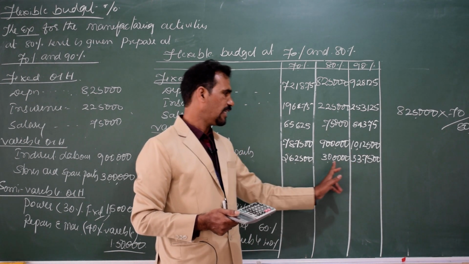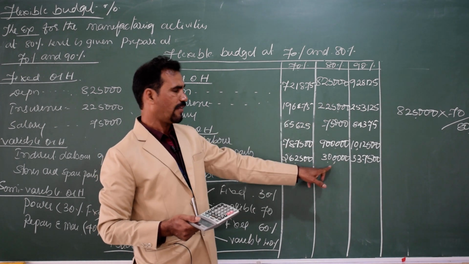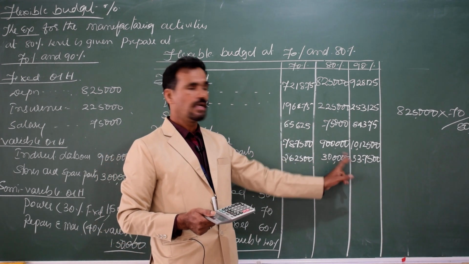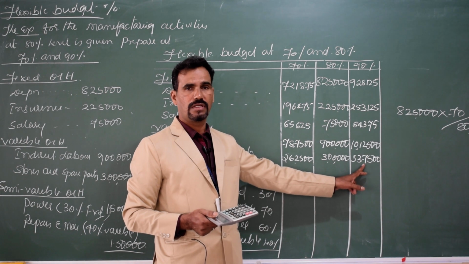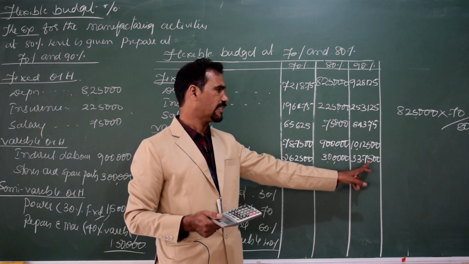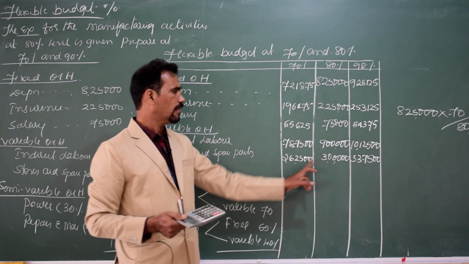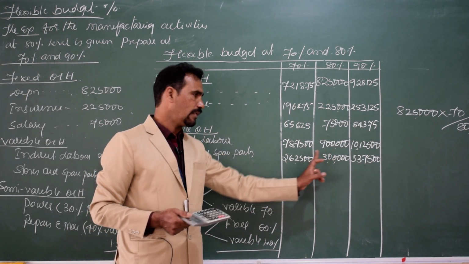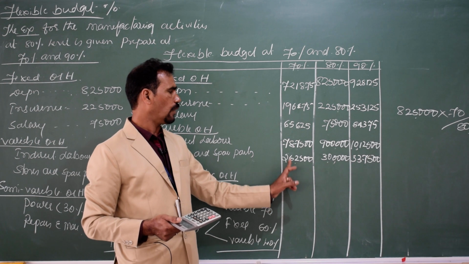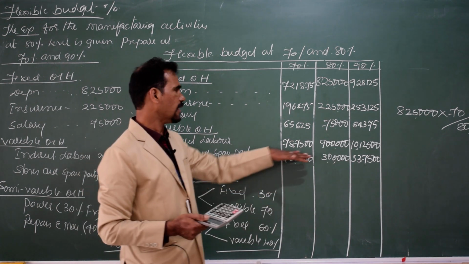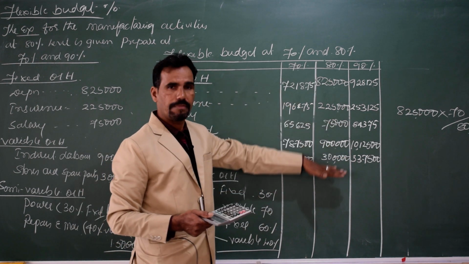See, 3 lakh is given at the base level; at 90%, the cost amount is also increasing, above 3 lakh to 3,37,500. Base level is 80%, so what about 70%? Compared to the base level, it is less. So, 2,62,500 is the percentage of the base.